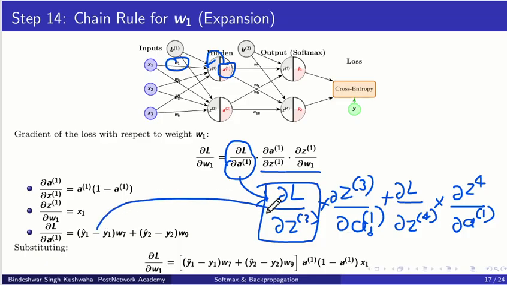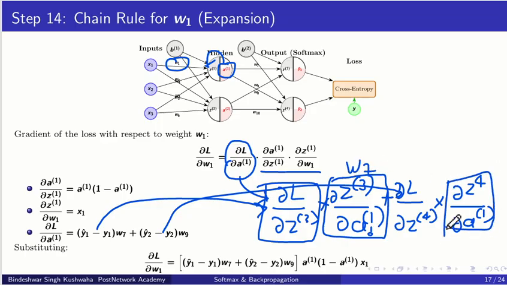Now if you observe, this is y hat minus y1 and this one is y2 hat minus y2, and this one is W7 and that is W9.